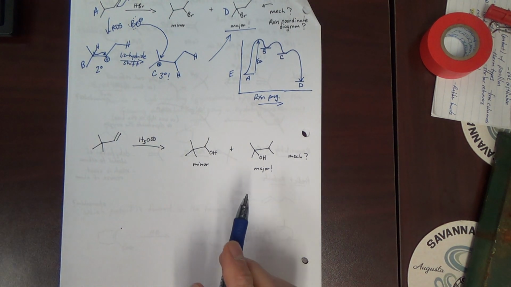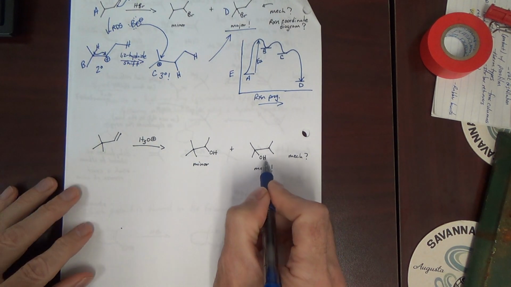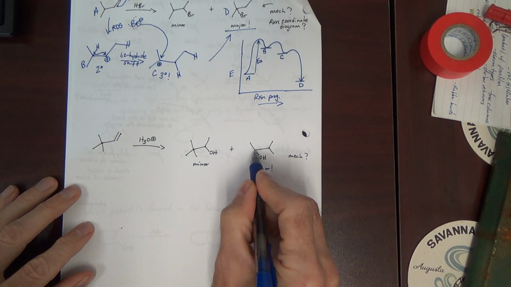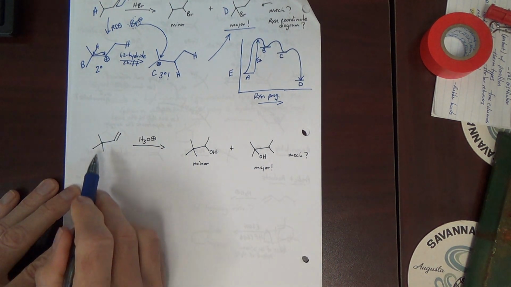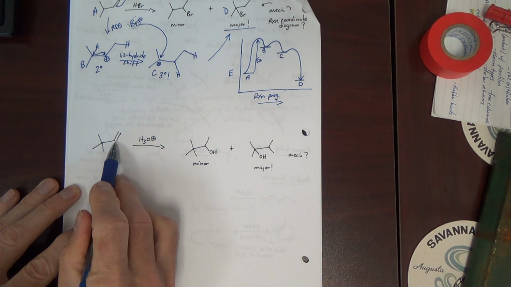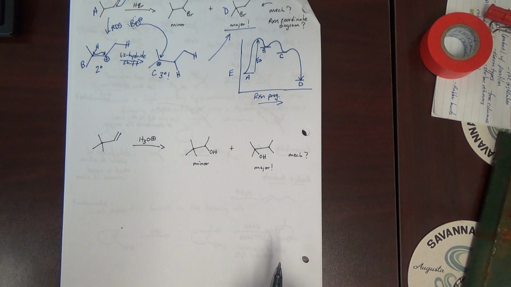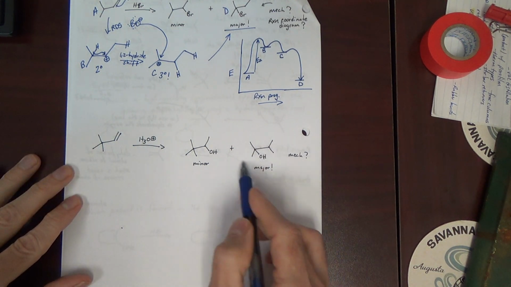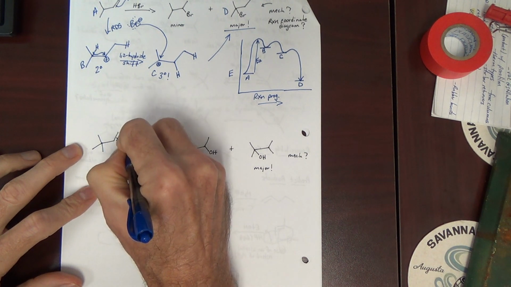But instead we get this alcohol, and the hydroxy group is bonded to this other carbon over here. And actually, if we can see, one of these methyl groups has moved over here to this carbon. Let's show a mechanism for this major product. Well, the first step is H+. We attack.